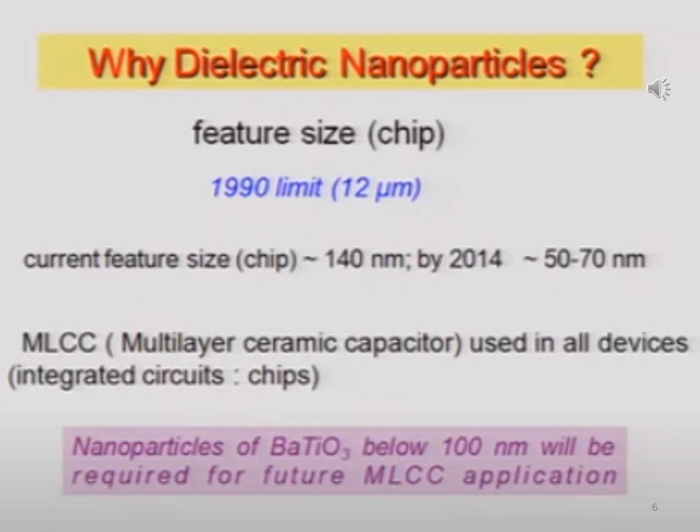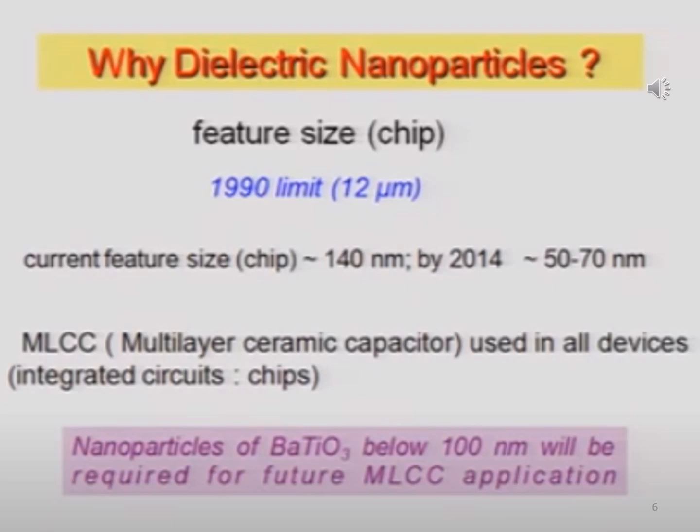So the most important thing is that all electronic devices, like computers or image processing devices, or digital cameras, everything has integrated circuits or chips which have many dielectrics involved in them.